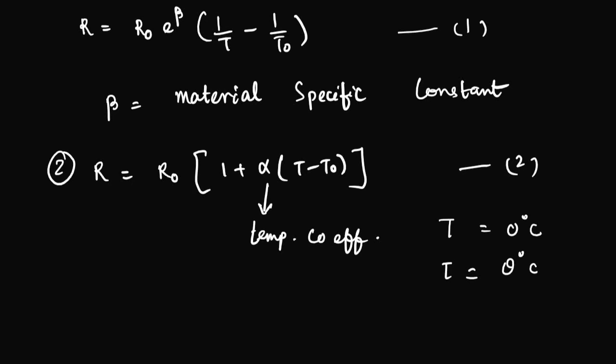This was the notation for R equals R0 into square bracket 1 plus alpha into T minus T0, bracket ends. Now this is the relation, this is the first equation which will be valid for thermistor. R equals R0 into e to the power beta into bracket starts 1 by T minus 1 by T0.